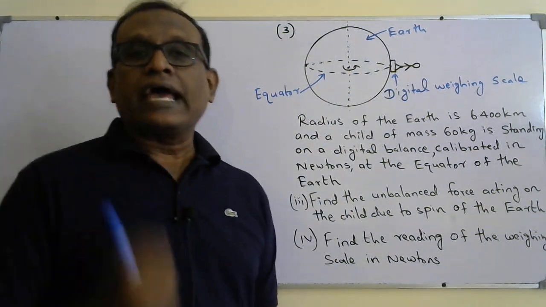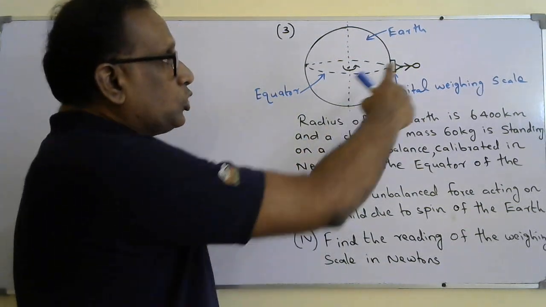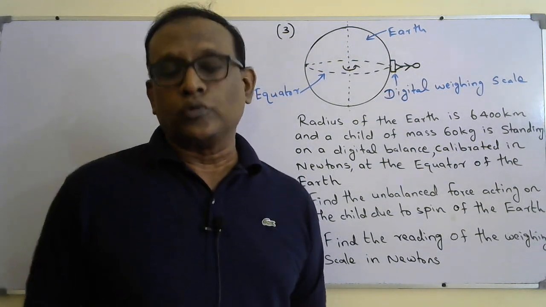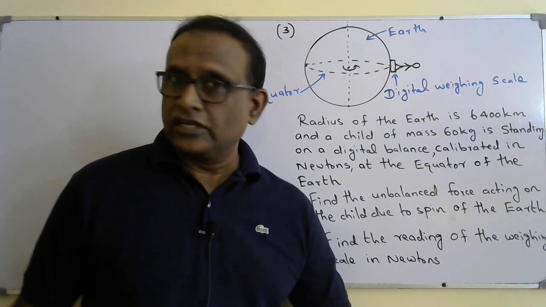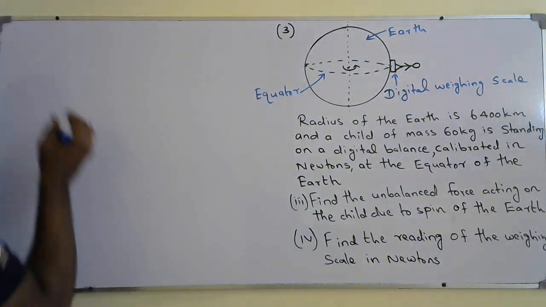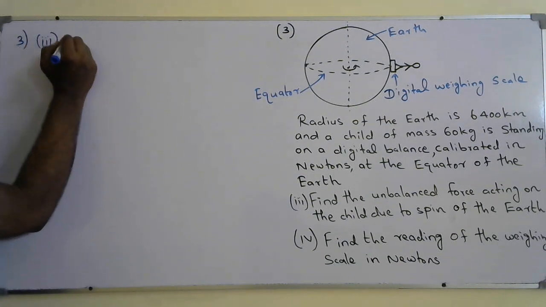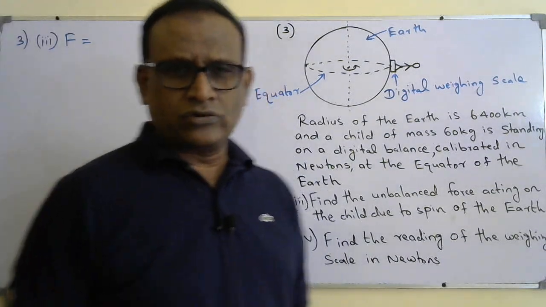So the child should have an unbalanced force, that is the centripetal force towards the center of the Earth, which is given by F equal m r omega squared or F equal m v squared over r. One of them you can use. So for the third part of the third question, I can use either F equal m r omega squared or m v squared over r.